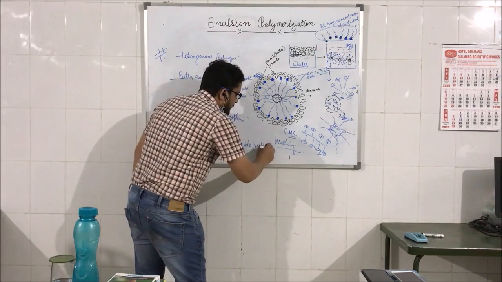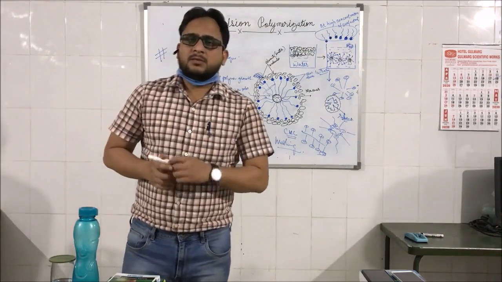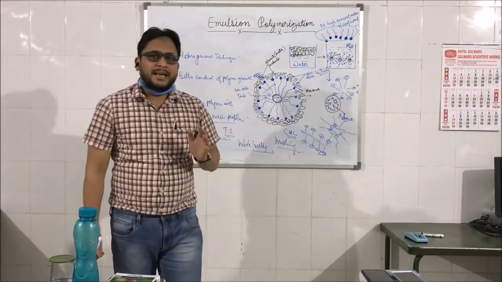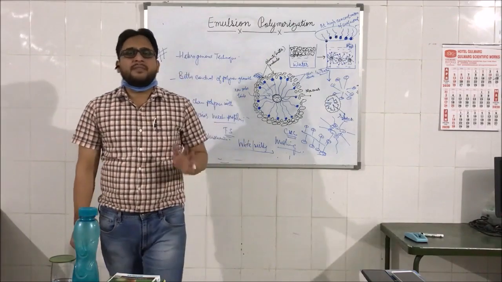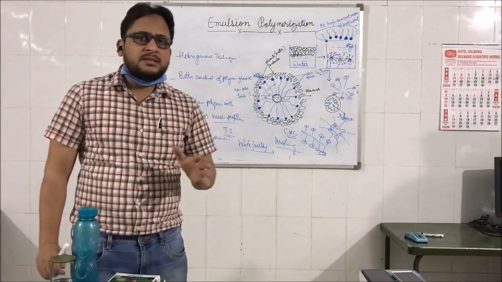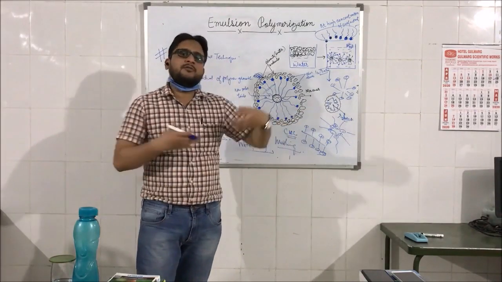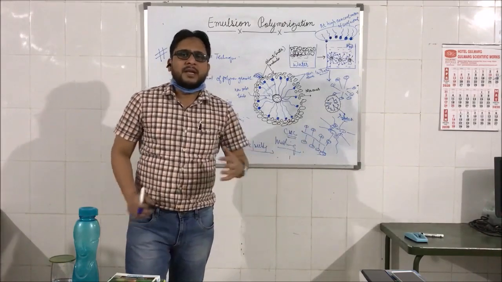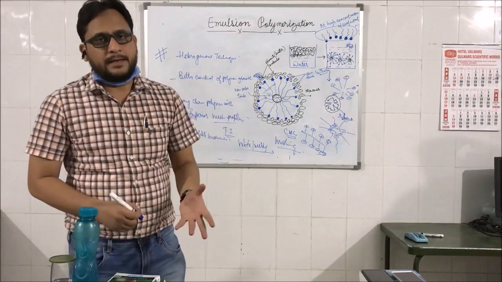At this stage, this solution is getting viscous, and this viscous solution can be directly used in the form of resins. It is also used in the form of adhesives. So this is the advantage, that we do not have to separate the polymer from the solvent at this stage, because this white milky solution can be directly used as an adhesive, resin or sealant.